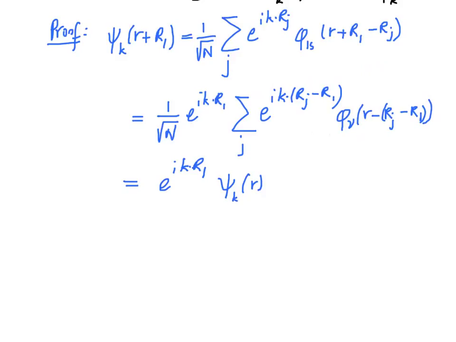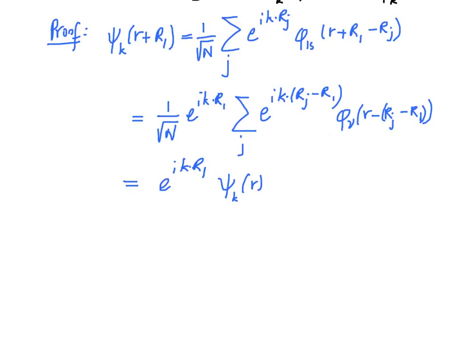It is because if Rj is a real space lattice vector, so is Rj minus R1, because R1 is also a real space lattice vector. Remember that you have a summation over j, which means that you are summing over all real space lattice vectors Rj, and it does not really matter whether you are summing over Rj or Rj minus R1, because R1 is also a real space lattice vector.